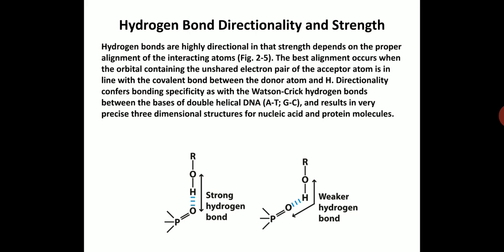Directionality confers bonding specificity as with the Watson-Crick hydrogen bonds between the bases of double helical DNA, that is A, T, G and C. That result in very precise three-dimensional structure for nucleic acids and protein molecules.